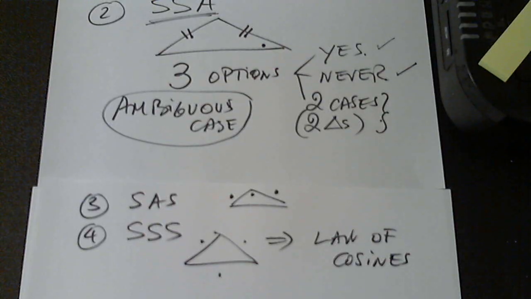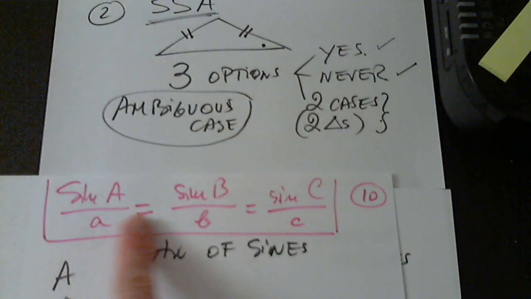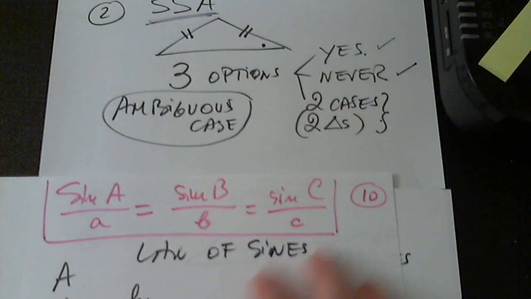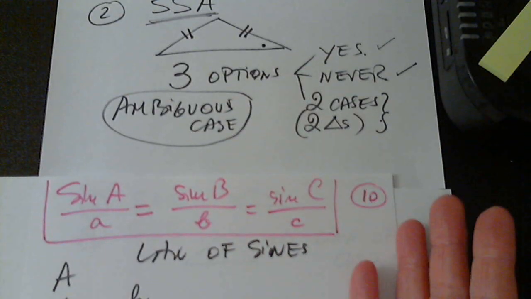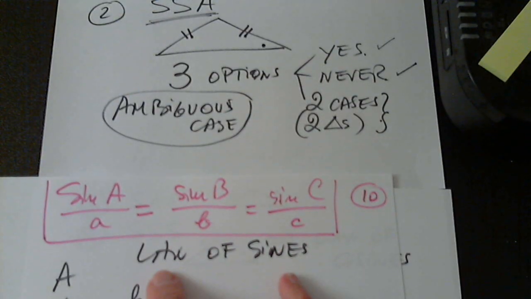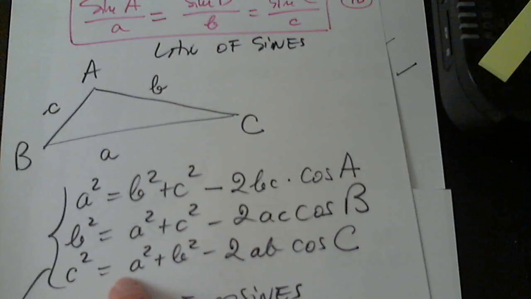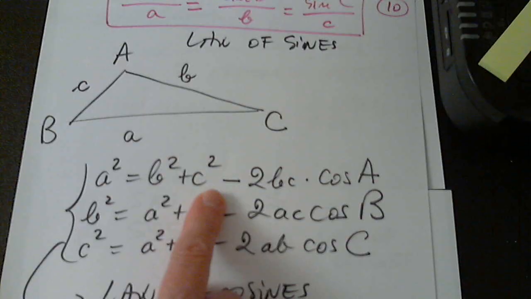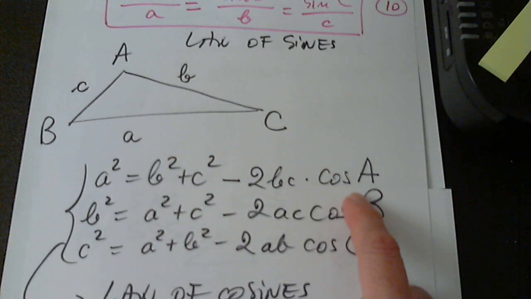If I'm not given any angle, I cannot apply law of sines. Some angle has to be given to us for law of sines to be applicable. This one, I can be given all three sides, and I can determine the angle.